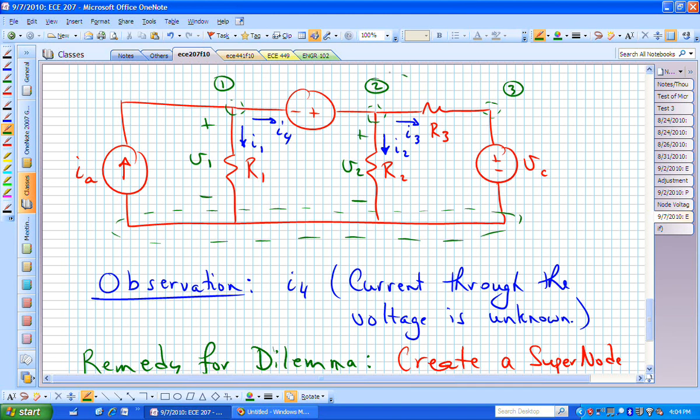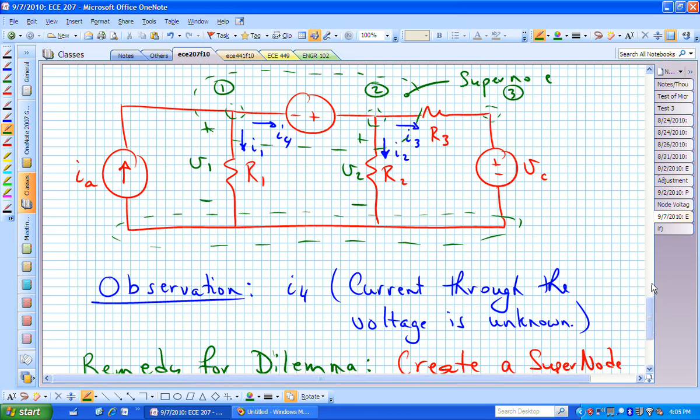Here's the supernode that I'm creating. There's my supernode. If I want to now write the KCL relative to that supernode, do you see the currents that I have to account for? Now mentally, I'm not even seeing that source.